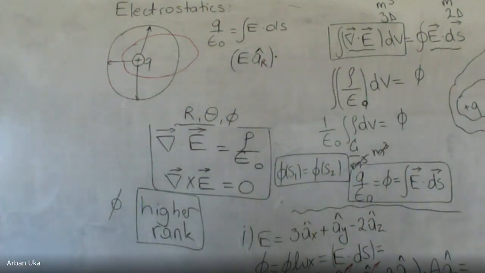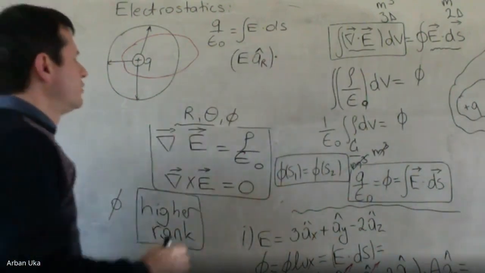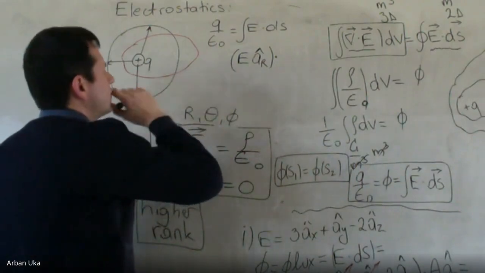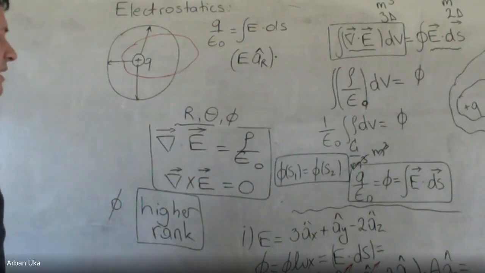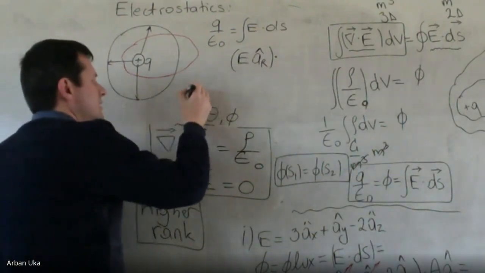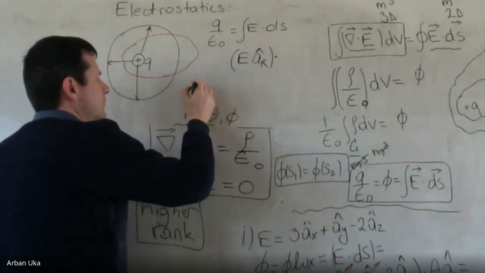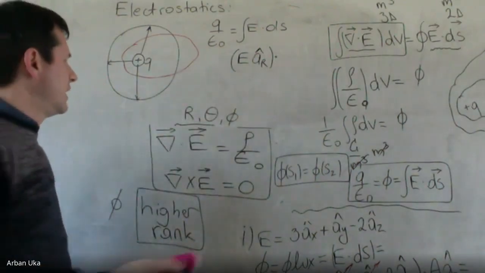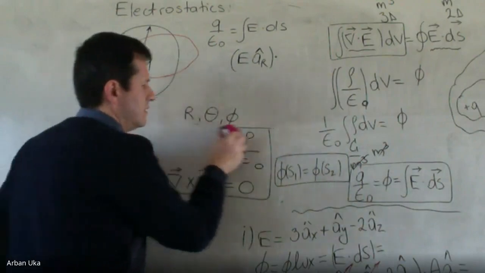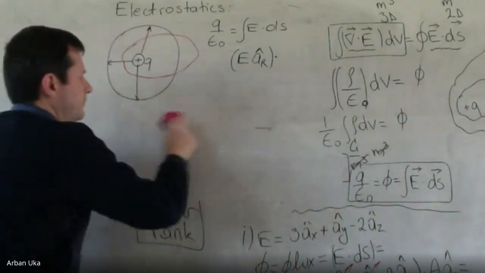So the dot product with the dS is going to be equal to, so first of all, what is dS? Let me think for a moment. How can we derive this?